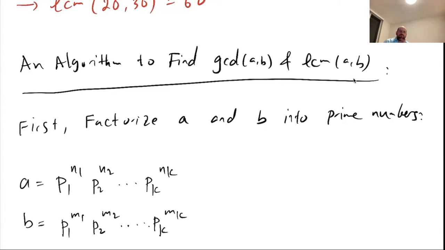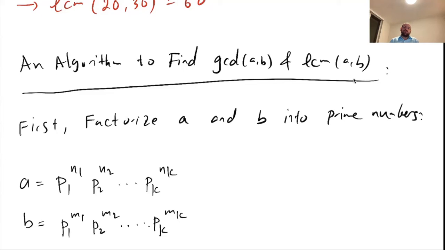So here you could ask me a question or an objection: why did I list the same prime numbers for B that I listed for A, which I call P1 to Pk? Am I allowed to do that?